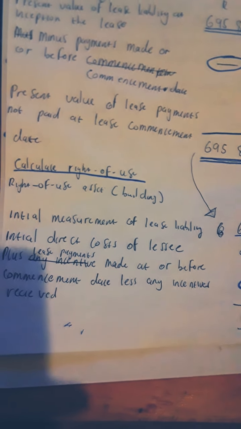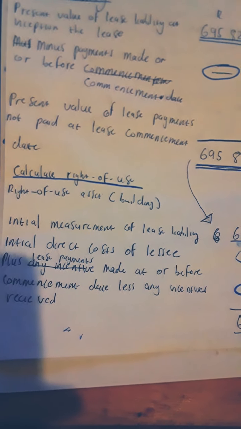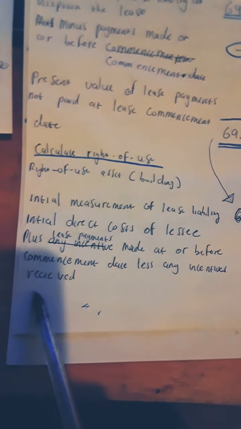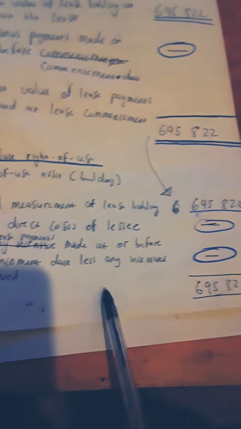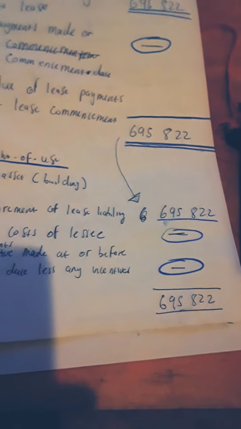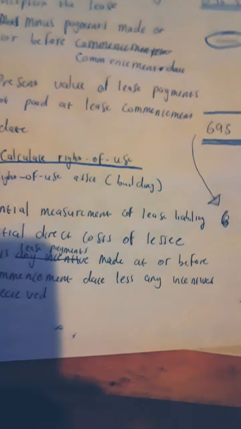Plus lease payments made at or before commencement date, less any incentives, nothing of the sort. So our right of use still remains at 695,822. These are the only things that can affect your right of use. So that's our right of use right there.